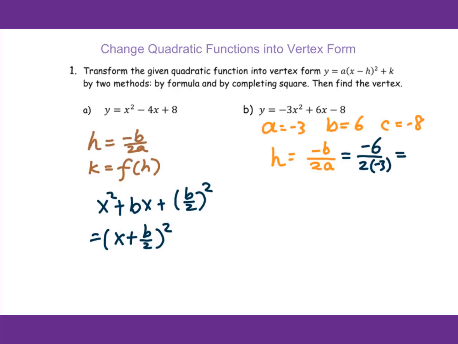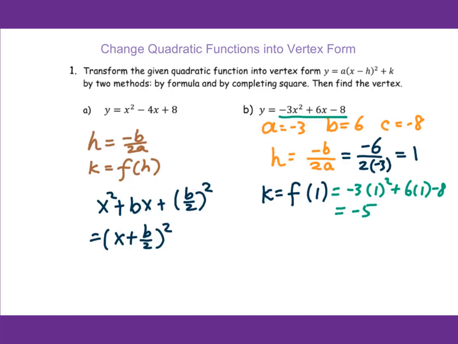So you will get 1. k equals f of 1. So I plug 1 into this function. You get negative 3 times 1 squared plus 6 times 1 minus 8. You will get negative 5. For the vertex, you get 1, negative 5.